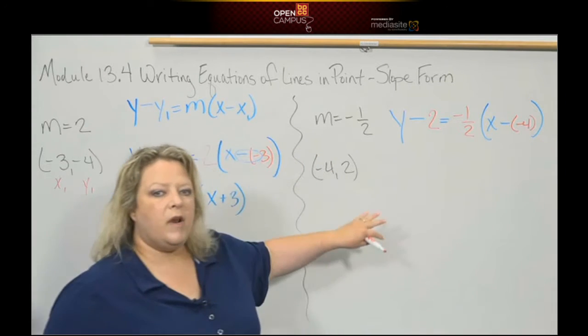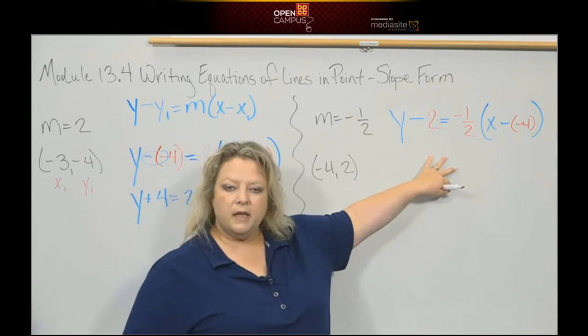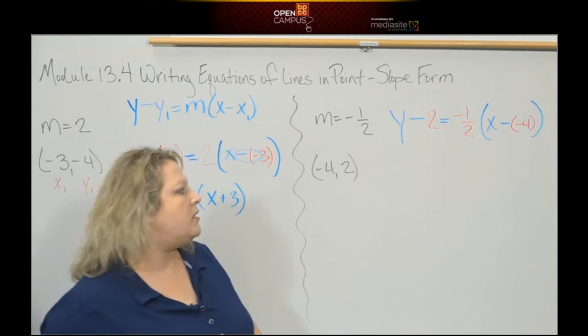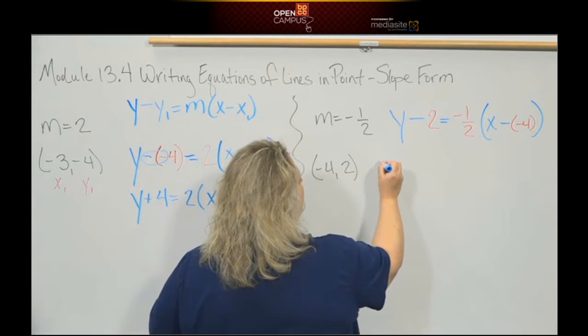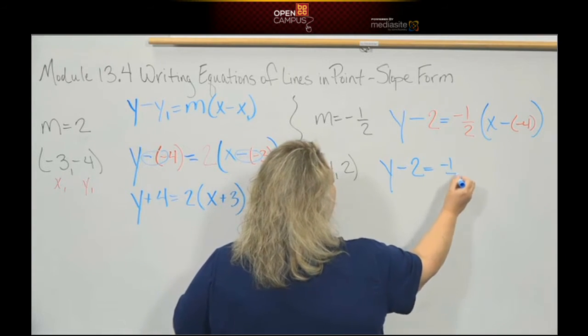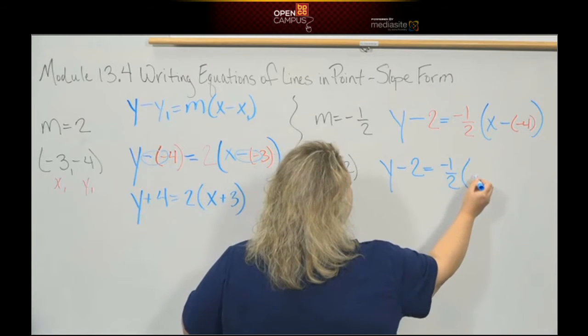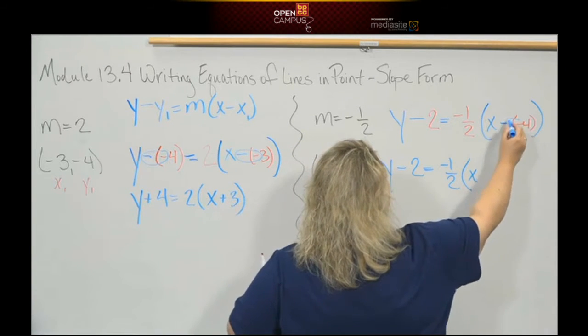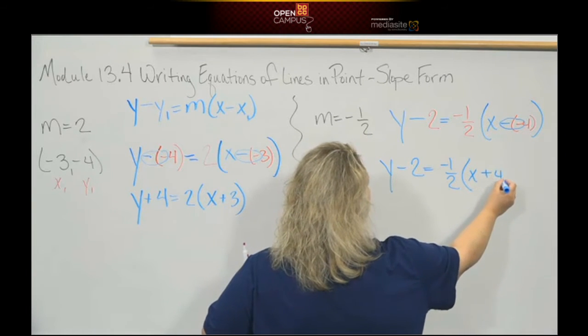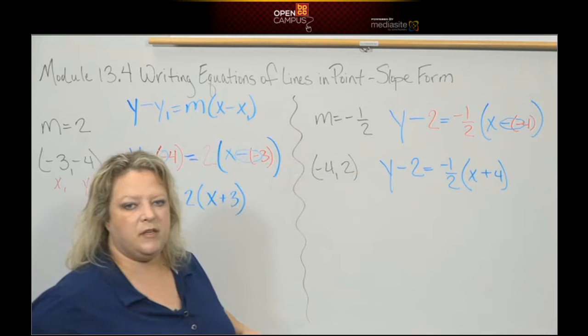So again, what I substituted, I put in red, and the original was in blue. So let's go ahead and simplify that a little bit. So that gives me y minus 2 is equal to -1/2, parentheses, x, and let's get rid of that double negative right there, and it makes a positive again. And that's all I have to do to that one.